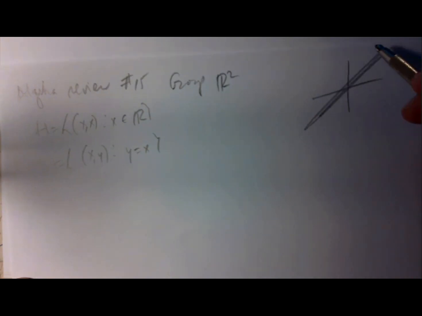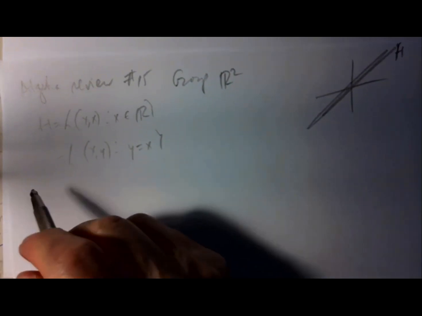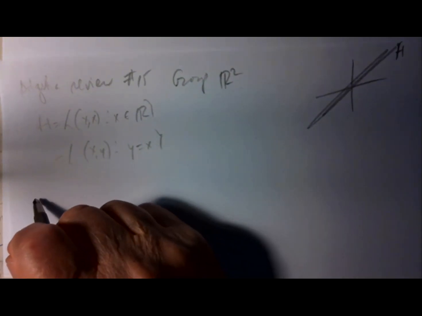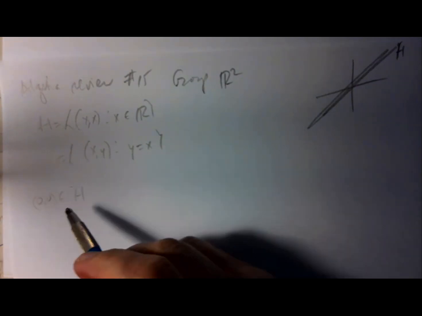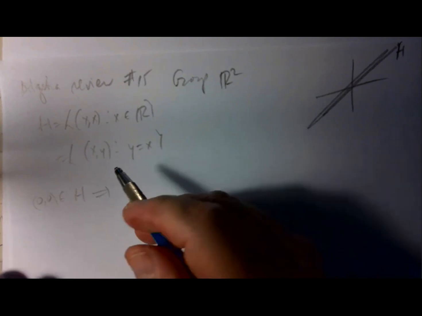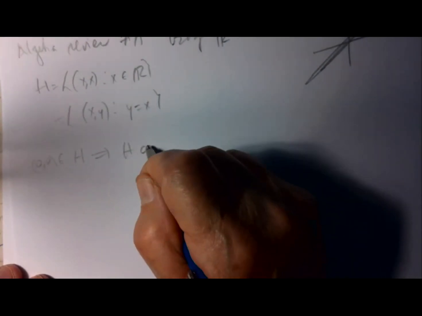Geometrically, this is just the line Y equals X in the plane. And you can notice that 0, 0 is in H because they have the same X and Y coordinates.